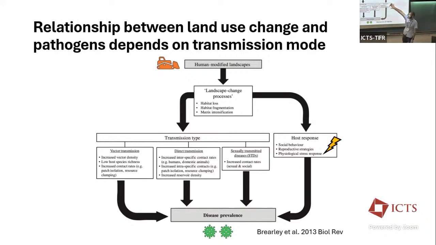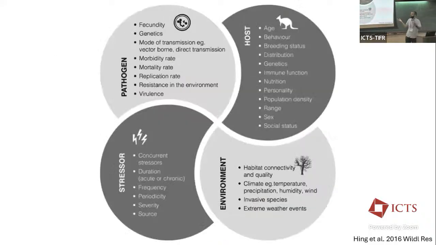But stress can also affect each one of these in different ways. So the physiological stress response may increase an individual's susceptibility to infection, which may also increase transmission. And a bunch of other different factors may come into play here, trying to link land use change to stress to pathogen shedding.